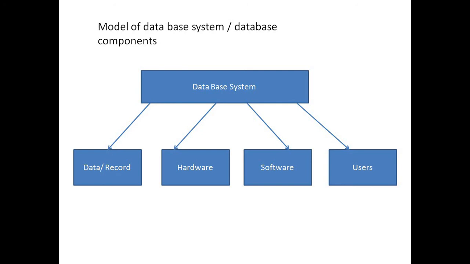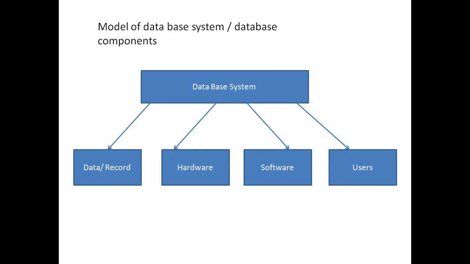The third component we have in a database system is software. Although the most readily identified software is DBMS itself, to make a database functional, to use a database, we require separate software. So when we talk about software used in a database system, it is not only DBMS software, but we also require operating system software and then application programs, etc. Operating system is a platform on which DBMS software can be installed.